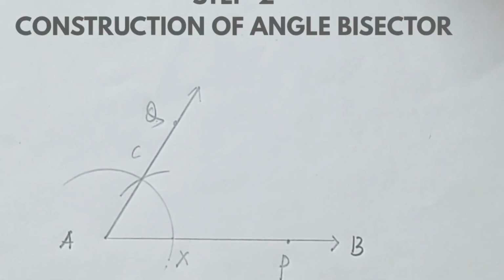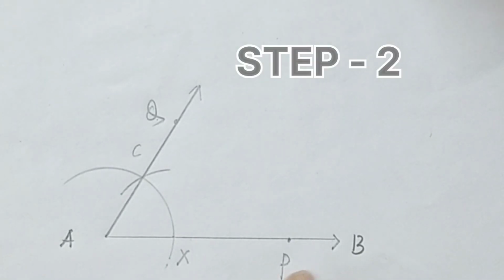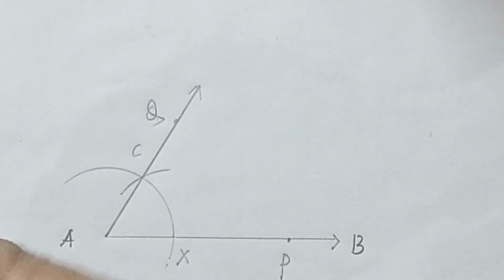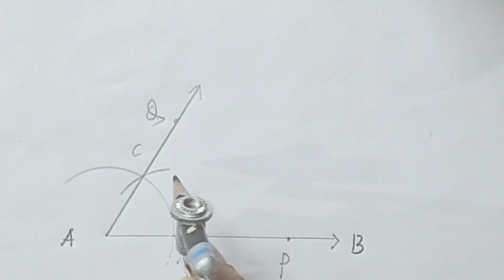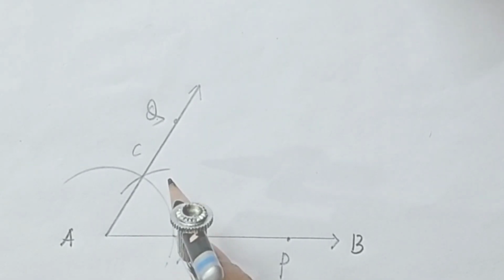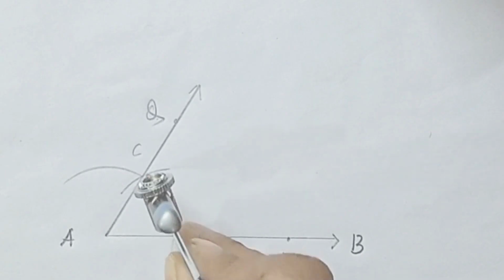Now in the second step we bisect the angle PAQ using the compass. First of all, we take a radius more than half of the arc XC.